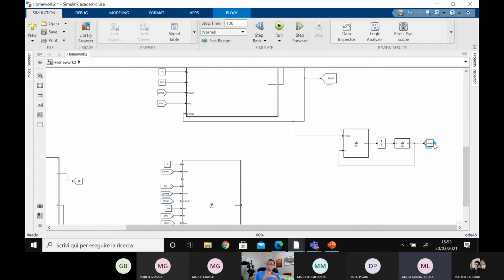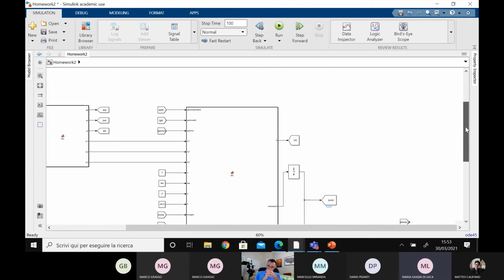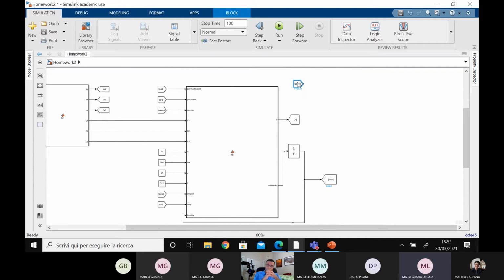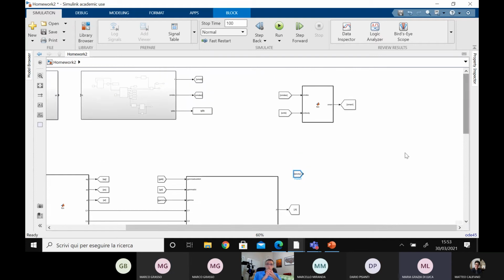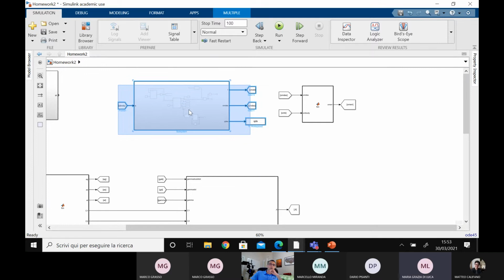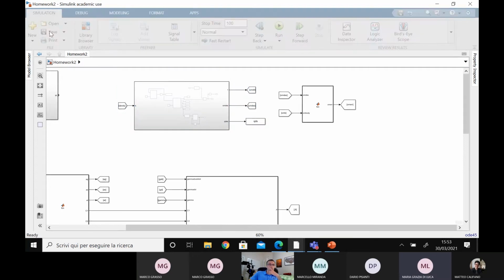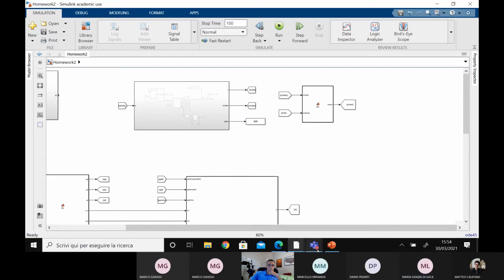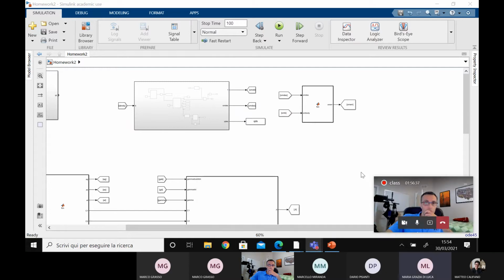Let me zoom a little bit. Okay. So it's this one. Right? So how do you use that quaternion in that block?